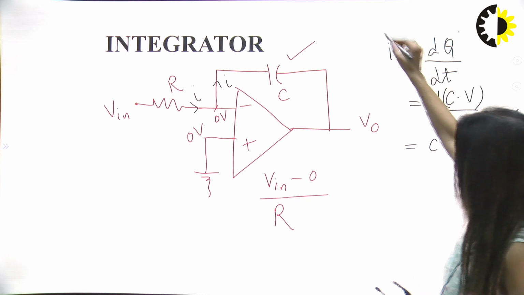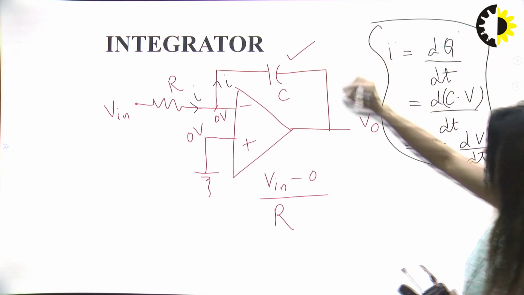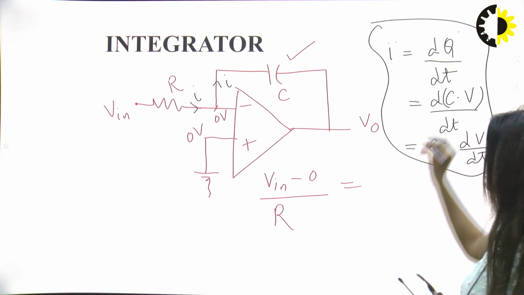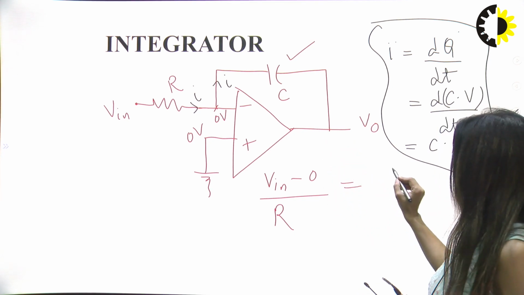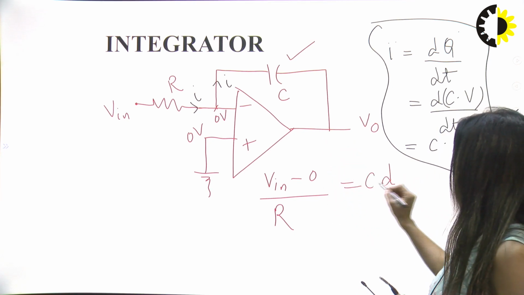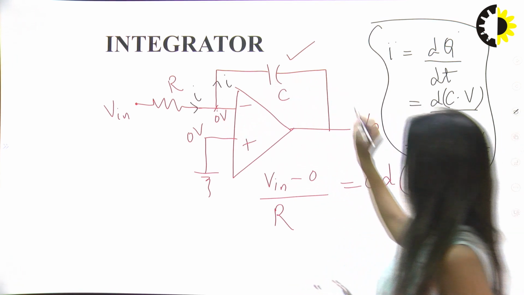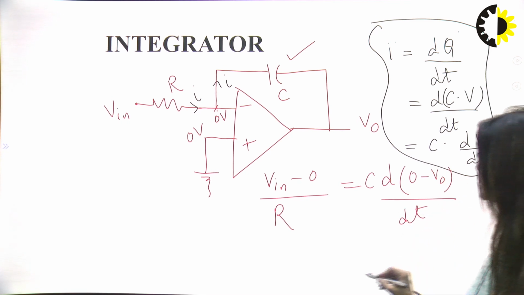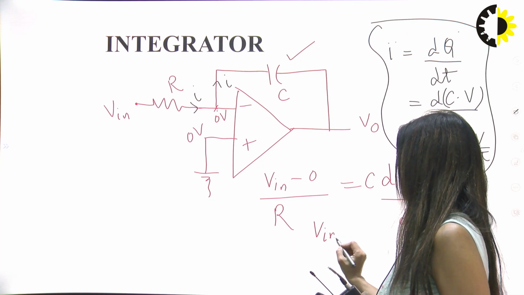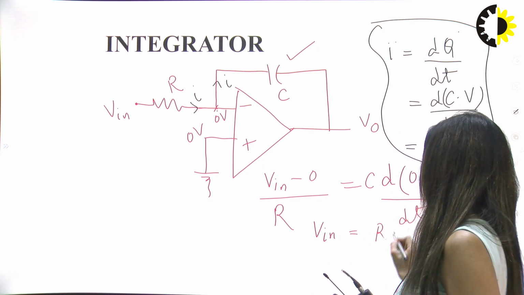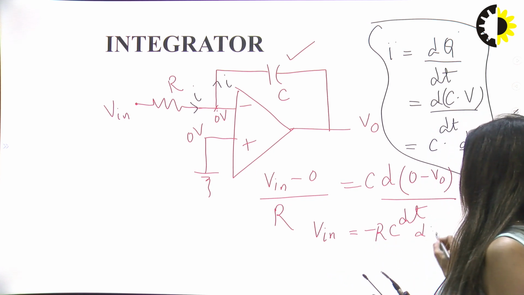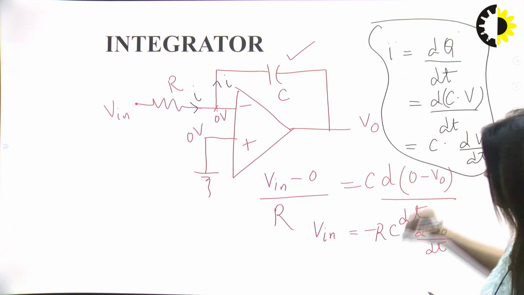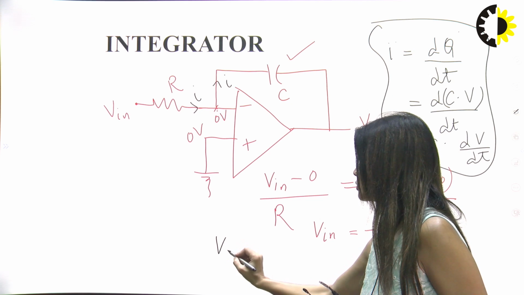We will use this concept for solving the integrator. So C into dV, where V is 0 minus VO, upon dt. If we solve this, we get V in is equal to minus RC dVO upon dt.